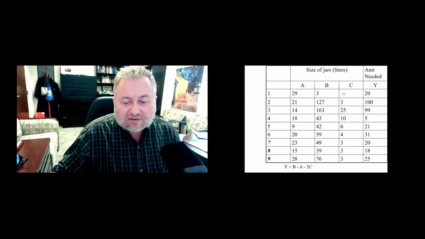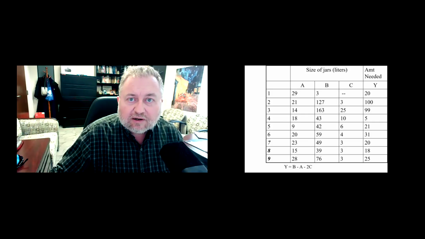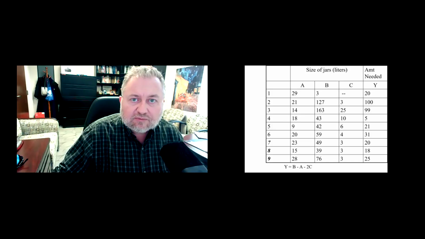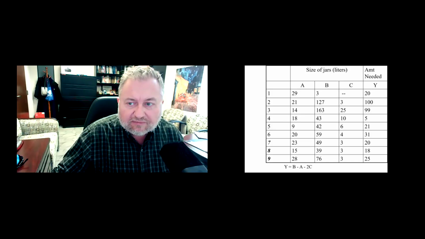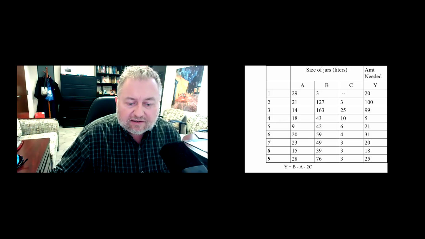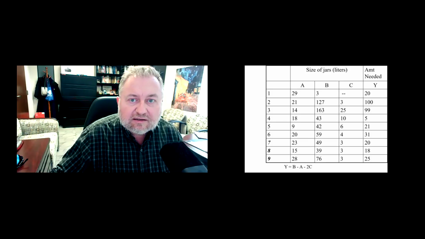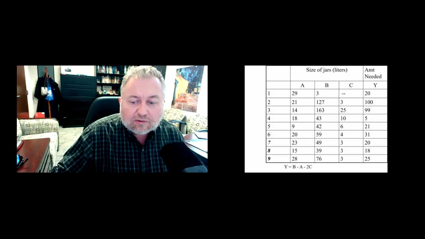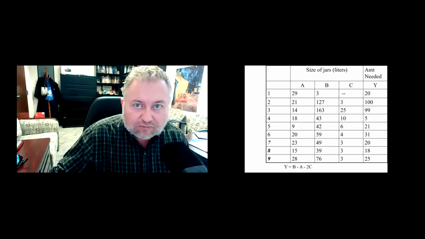So then people get stuck. They're like, oh, the formula doesn't work. Now I don't have the right amount of 25 liters anymore. And so they're a little slow to recognize that if they do the A minus C approach, it would work a whole lot better, and it would be relatively easy.